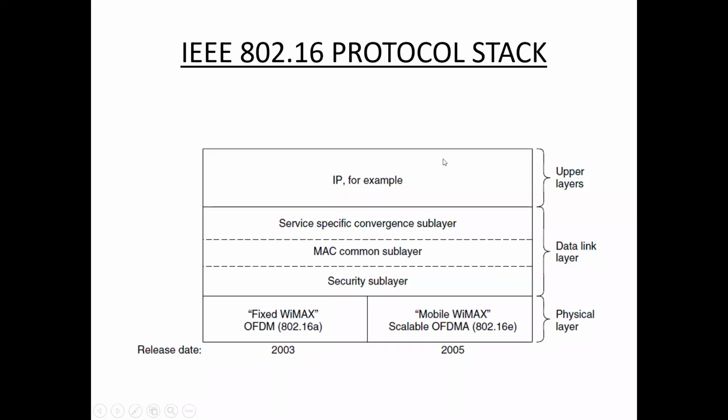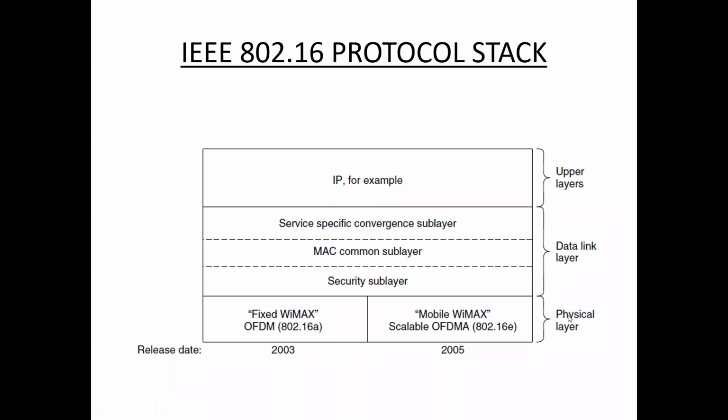Next one, protocol stack. This is the general structure of the IEEE 802.16 protocol stack. From the bottom, first one, the physical layer.